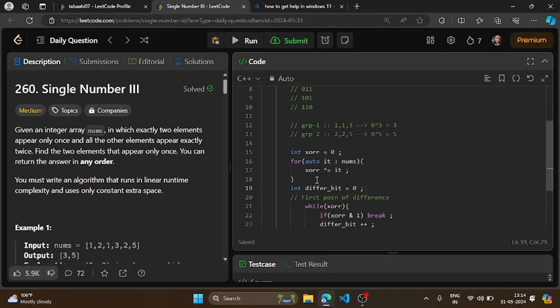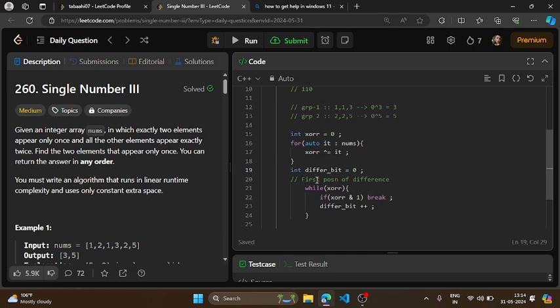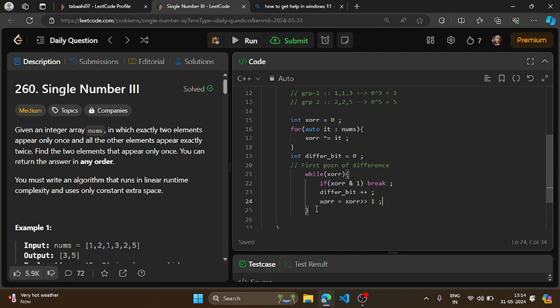So basically this is the index of the different bit which I am storing in differ bit, and I will shift my XOR by 1 position. Okay, so this way I will be able to find the first position of difference.